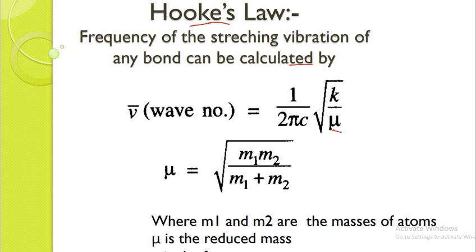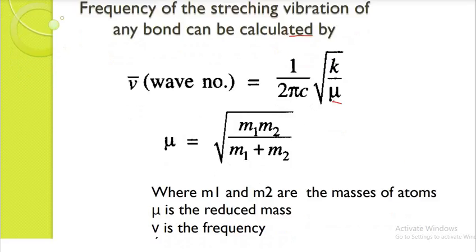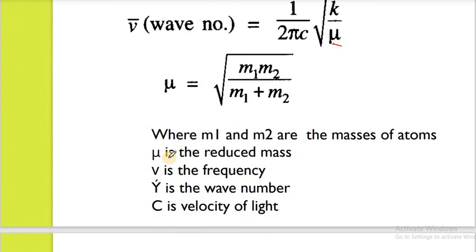And nu bar is the wave number we have used here, and c is the velocity of light.